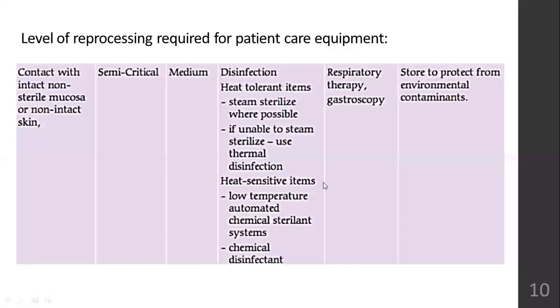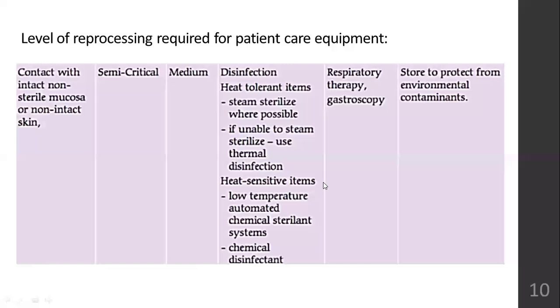In semi-critical, the risk is medium, where they touch the mucous membrane or a wound on the skin. These instruments carry a medium level of risk of transmitting infection. But again, divide these instruments into two categories: heat tolerant ones and heat sensitive ones.